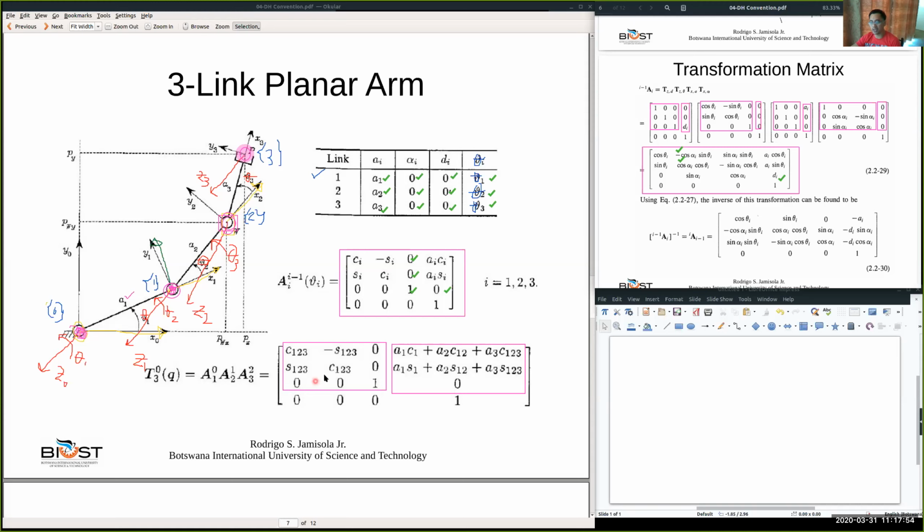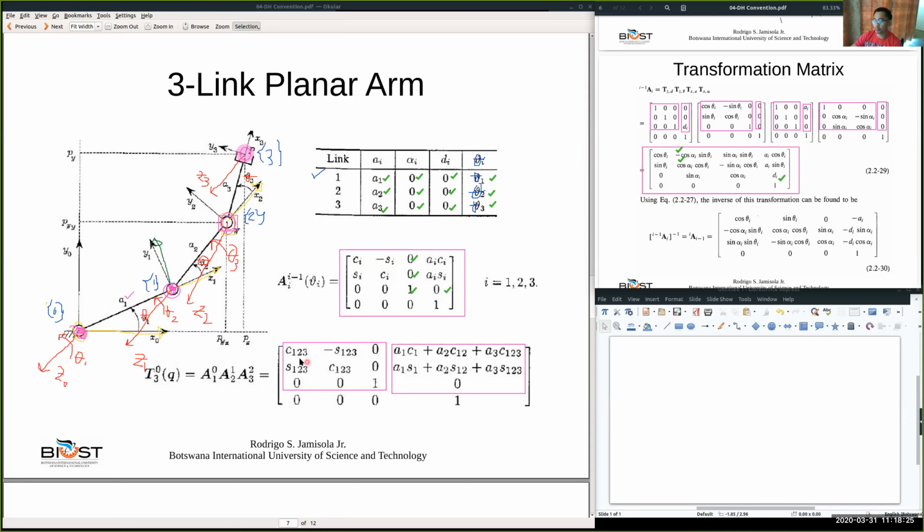And so because of that, we only need to know the total of theta 1, theta 2, and theta 3, the rotation of all the joints. They add up. In this case, it becomes a simple cosine of theta 1 plus theta 2 plus theta 3 in the diagonal terms to know the end effector rotation, and then the off diagonal terms are minus sine and sine of theta 1 plus theta 2 plus theta 3.